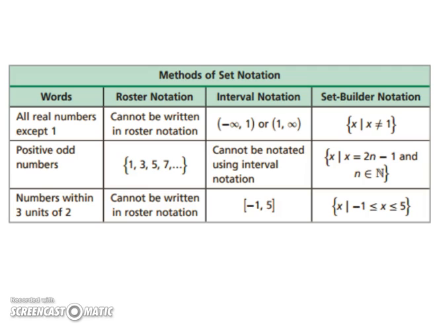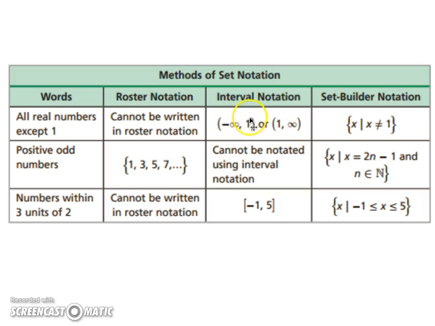This chart might help. The methods of set notation. We've talked about roster notation and interval notation, and we just finished talking about set builder notation. So let's look here. We have the words, all real numbers except 1. You can't write it in roster notation because you can't list it out. However, you can put it in interval notation. If you were to say all real numbers, that would just be negative infinity to positive infinity.